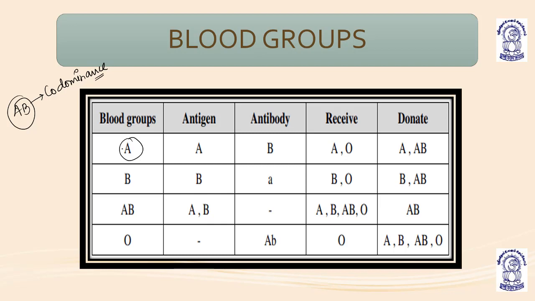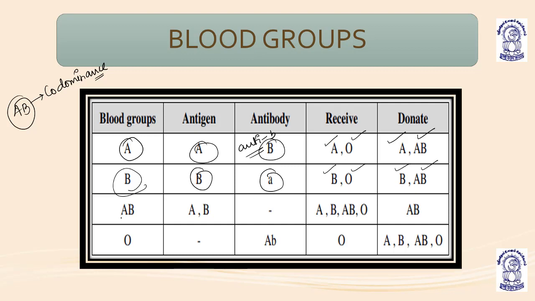For blood group A, the antigen is A and the antibody is anti-B. It receives from blood groups A and O, and donates to A and AB. Blood group B has antigen B and antibodies against A. It can receive from B and O and donate to B and AB.